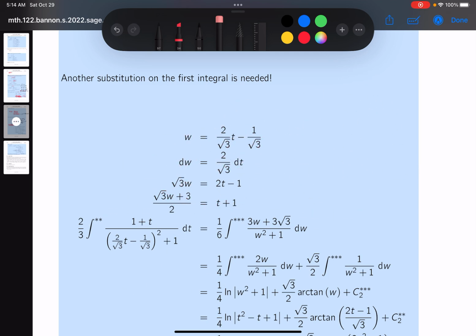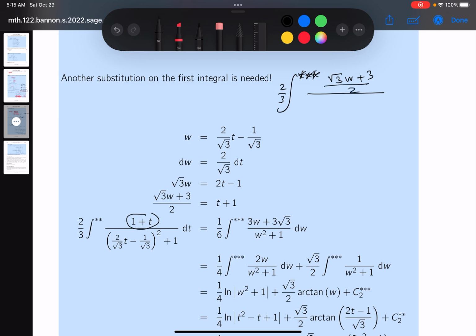Let's take a look at it. This is my third substitution. Getting crazy, right? Let's write this over here. My third substitution. Be a lot of going backwards over here. So the 1 plus t is going to be what? That's going to be √3. You know what? Let's put the 2/3 down too. That's going to be the √3 w plus 3 over 2.